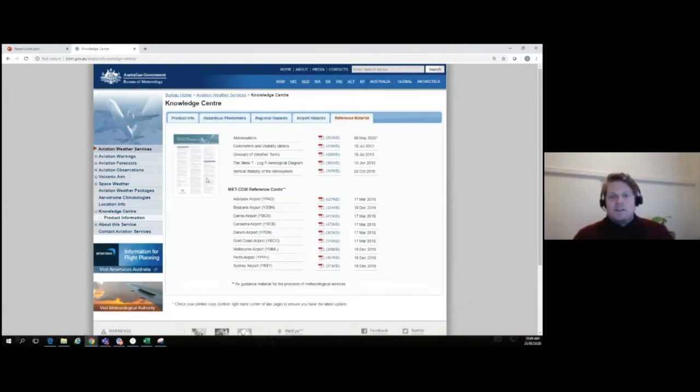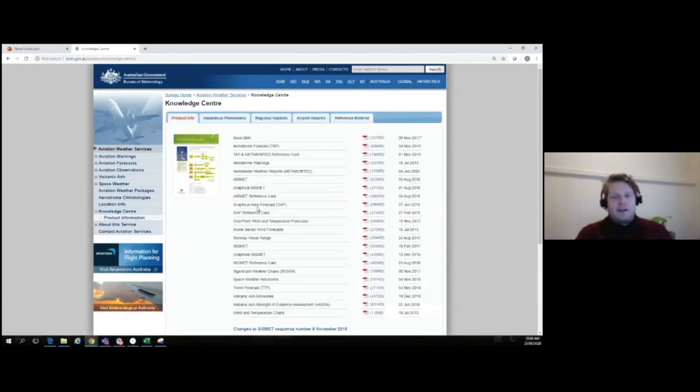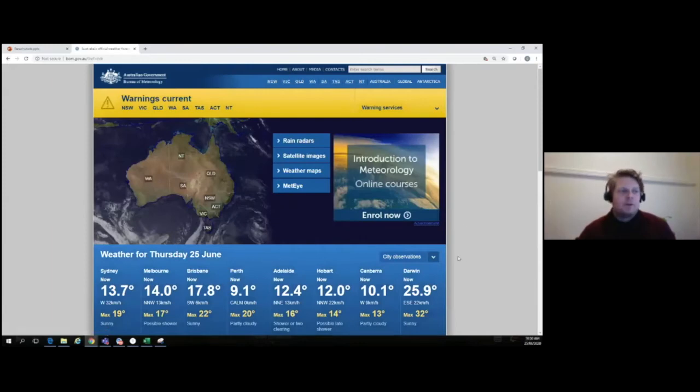Then regional hazards, so things to look out for if you're flying in the south or the tropics, and some more reference material. So there's a stack of information there to go through if you feel like you need more information on a specific product or phenomena. So yeah, lots of information there. I'd highly encourage you to have a poke around there.